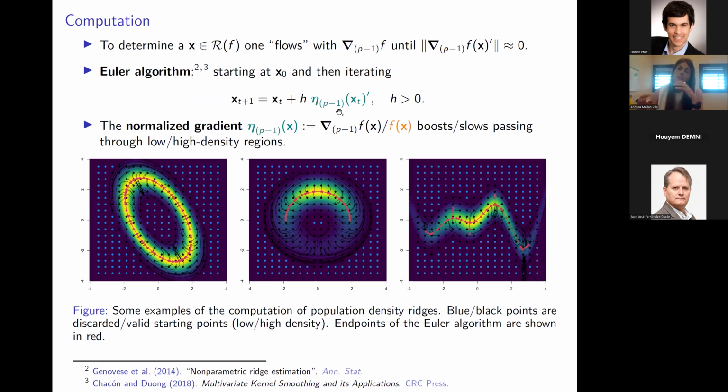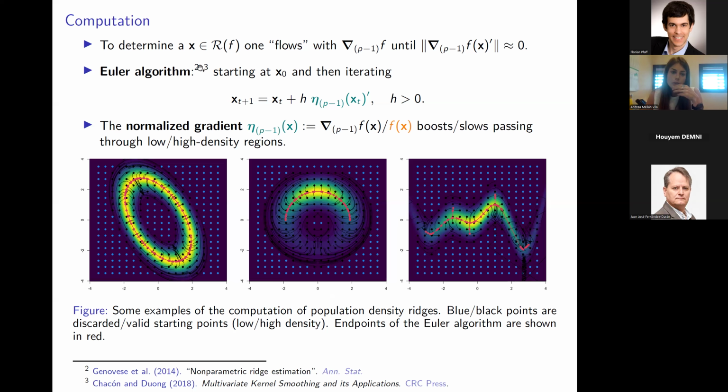So this is the formal definition, but how to compute the density ridge in practice? If we want to determine whether a point belongs to the density ridge, we have to flow with the projected gradient until the norm is approximately equal to 0. To deal with this problem, as proposed by Genovese and co-authors, and also in the book of Chacón and Duong, we have to perform an Euler algorithm.